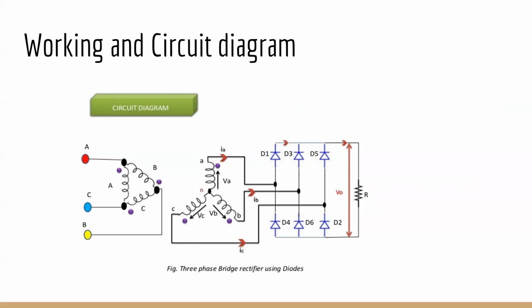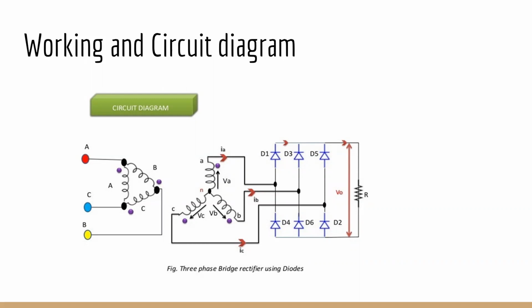The lower diodes D2, D4, D6 form the negative group of diodes. The three-phase transformer feeding the bridge is connected in delta-star. This rectifier is also called a three-phase six-pulse diode rectifier, three-phase full-wave diode rectifier, or three-phase D6 diode rectifier.